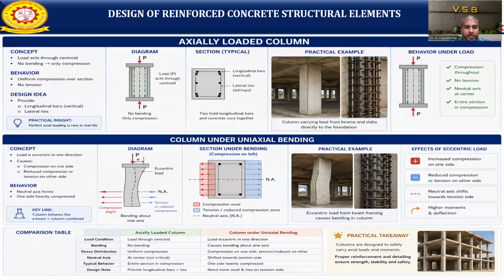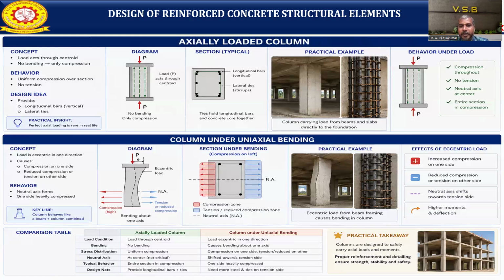Now we see the image for bending about one axis. If a load is acting away from the center, we form an eccentricity e. The neutral axis also shifts. Here, compression stresses will be high, while tension or reduced compression appears on the other side. This is the principle behind uniaxial bending.